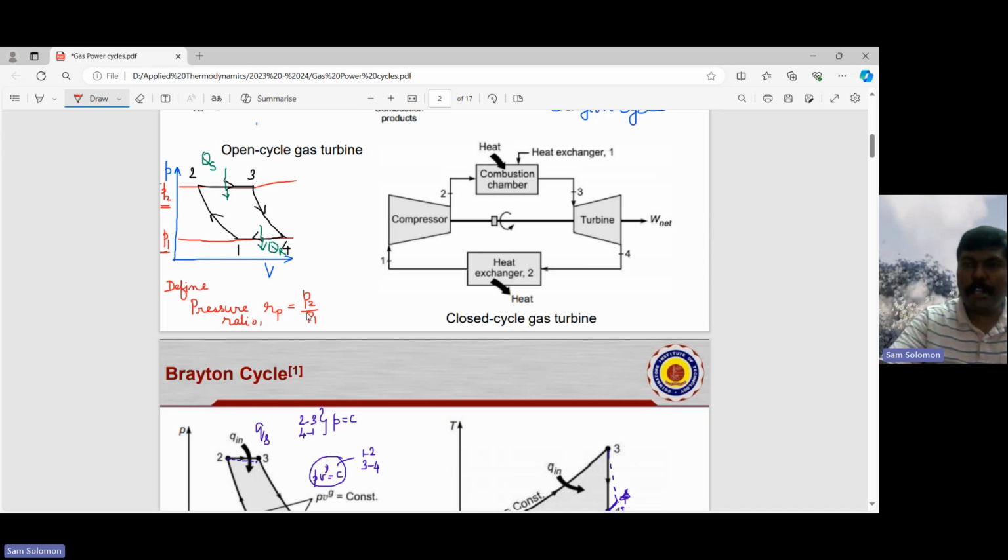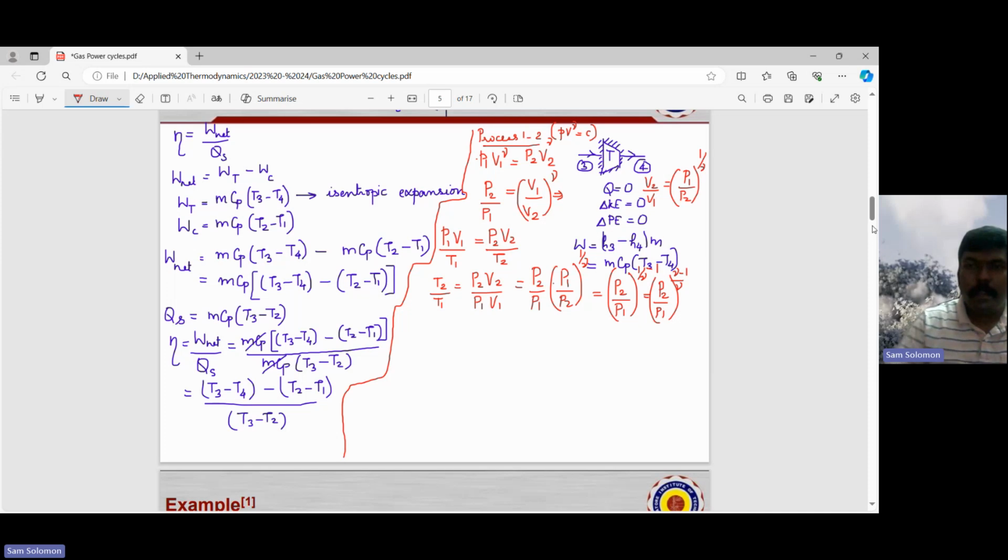So if the pressure ratio is P2 by P1, which is Rp, now I can say T2 by T1 is Rp to the power (gamma minus 1) by gamma, or T2 is T1 times Rp to the power (gamma minus 1) by gamma. This is while considering process 1-2.